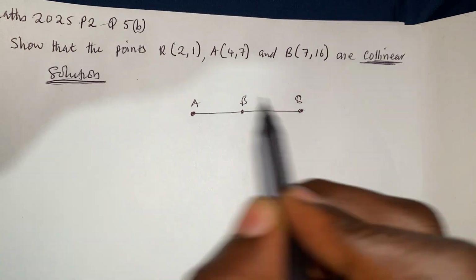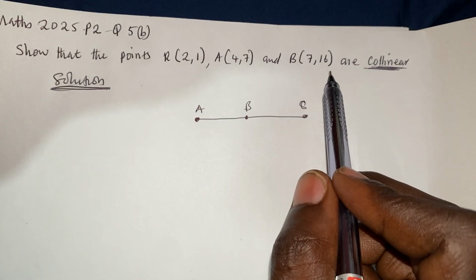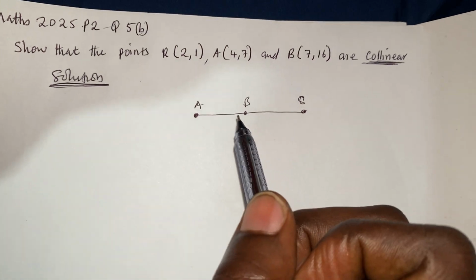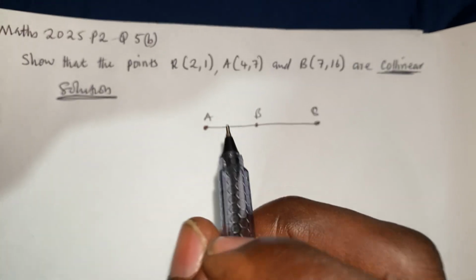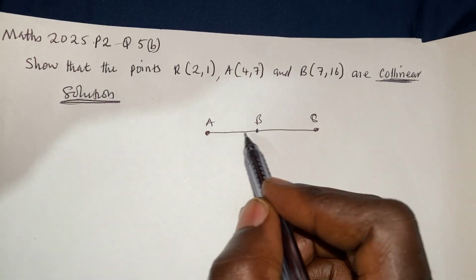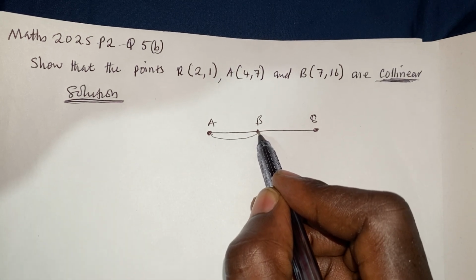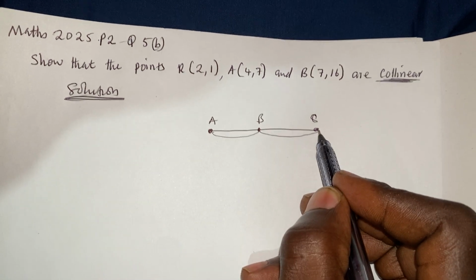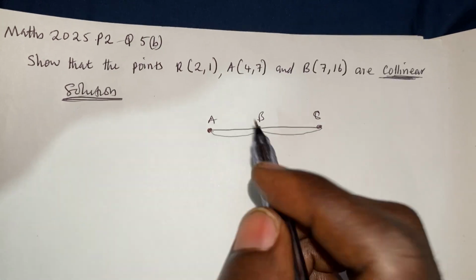So now, even as we are supposed to prove whether these points are collinear, for you to prove that points are collinear or not, you're supposed to find their gradients. So meaning the gradient from this point to this point should be equal to the gradient from this point to that point. If they have the same gradient, meaning those points are collinear.